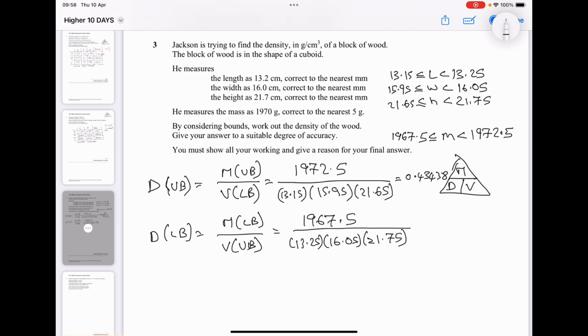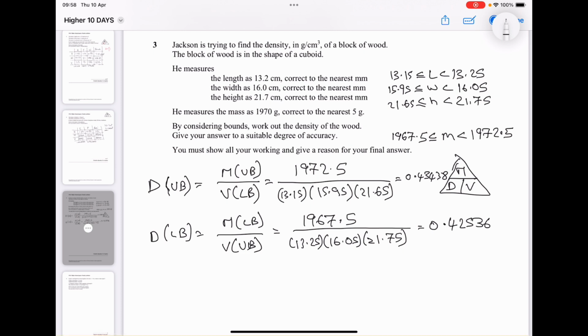Once again, on my calculator, 1967.5 divided by 13.25 times 16.05 times 21.75 gives me 0.42536. Okay, I've done that to 5 decimal places.